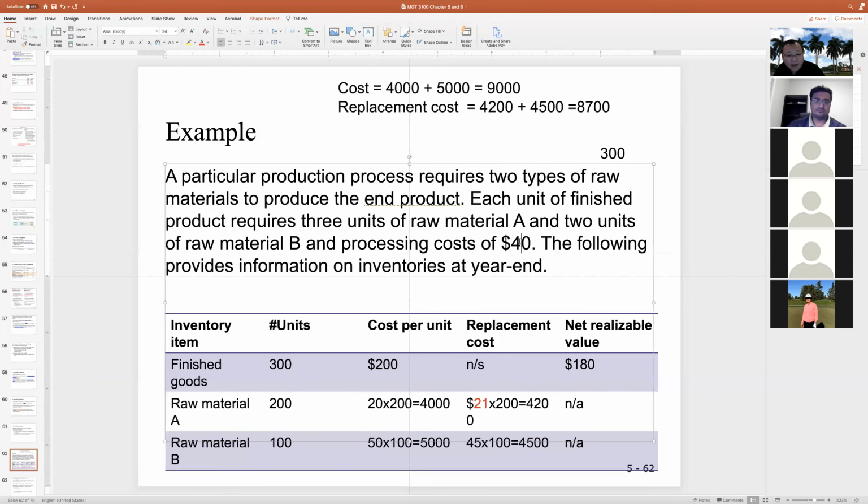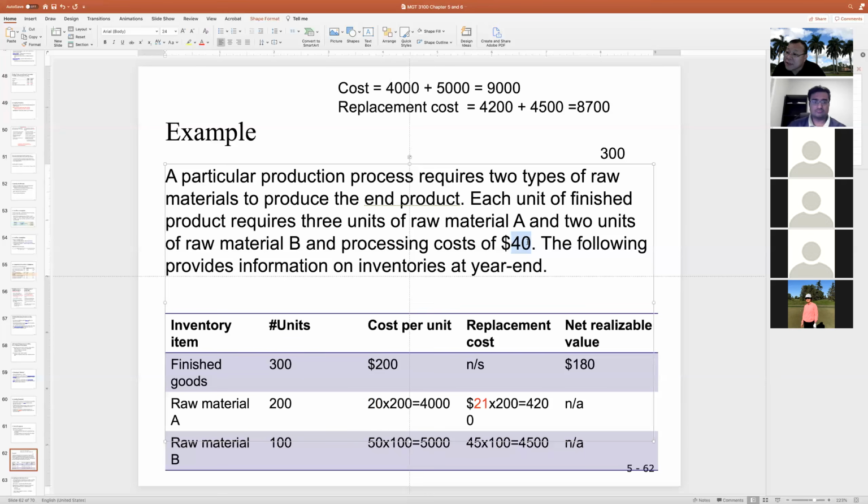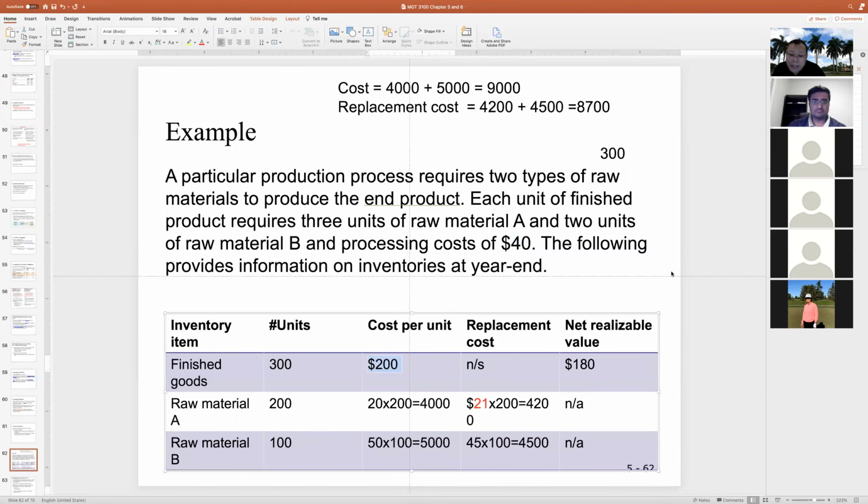Let me think if I'm right. 3 units of A, 20 times 3 is 60. 2 units of B, 2 times 50 is 100. 100 plus 60 is 160, plus the $40 processing fee. That's your cost of 200. I see, thank you. Does that make sense? Yeah, it does. Okay, good.